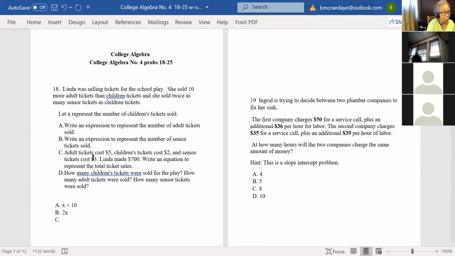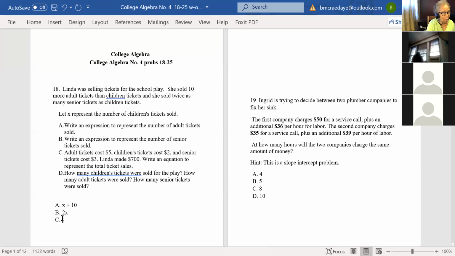Now, we know the number of adult tickets, that's X plus 10. We know the number of senior tickets, that's 2X. We know the number of children's tickets, that's X. We know the price of the adult tickets, the price of the children's tickets, and the price of the senior tickets.